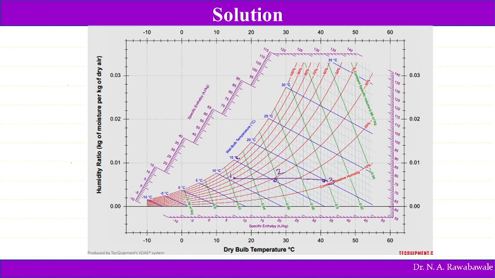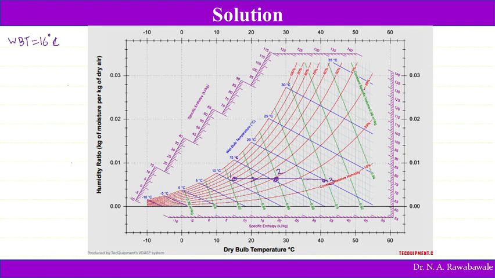So first we find the wet bulb temperature WBT from this psychrometric chart, WBT is equal to 16 degrees Celsius, corresponding to point 2. Air was initially at point 1, it is sensibly heated and it comes out at point 2.